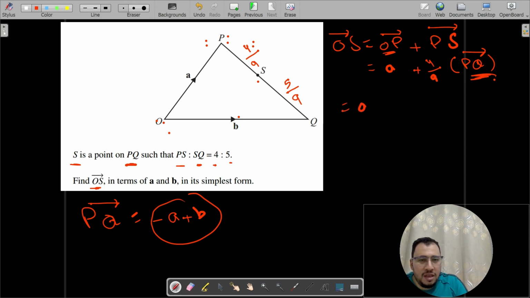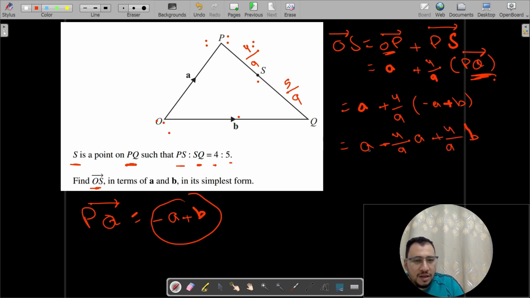So A plus 4 over 9 PQ, we found it already, negative A plus B. Then let's do that here. Let's distribute the 4 over 9 inside the brackets. A minus 4 over 9 A plus 4 over 9 B. Let's simplify it.